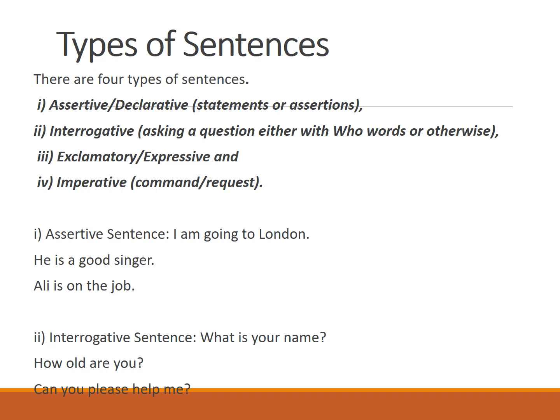So now let's start with grammar. First of all, we are going to learn about sentences. What is a sentence and what are the different types of sentences? There are four types of sentences.